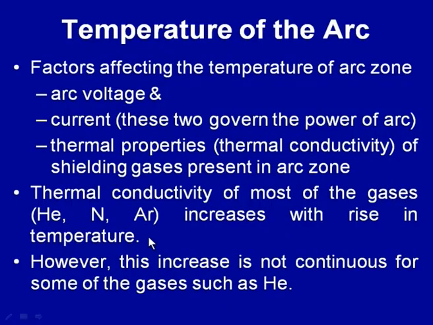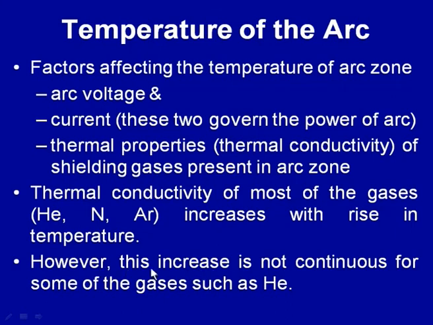So, this increase in temperature in turn affects the temperature gradient. If we are working with a low welding current, resulting in a low temperature of the arc, the thermal conductivity of these gases is lower and the temperature gradient will be higher. This is one way we can see the effect of shielding gases on the temperature gradient and the variation in temperature in the arc zone.